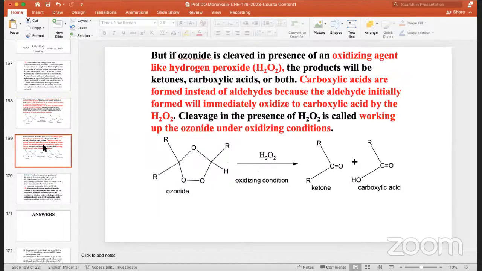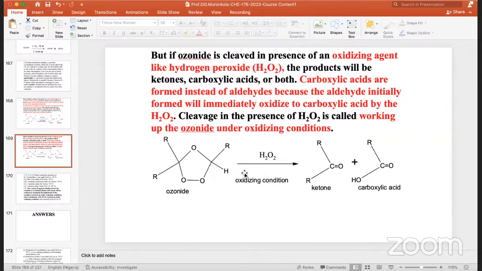Now, the other one, the oxidizing condition. If the ozonide that is formed is clipped in the presence of an oxidizing agent, like hydrogen peroxide, then the product will be the ketone and the carboxylic acid, or both, depending on the structure. What has happened is that carboxylic acids were formed instead of aldehydes, because the aldehyde that you initially formed will immediately oxidize further to carboxylic acid by the hydrogen peroxide.